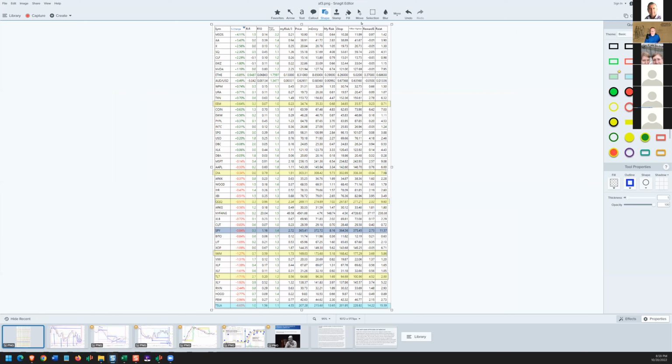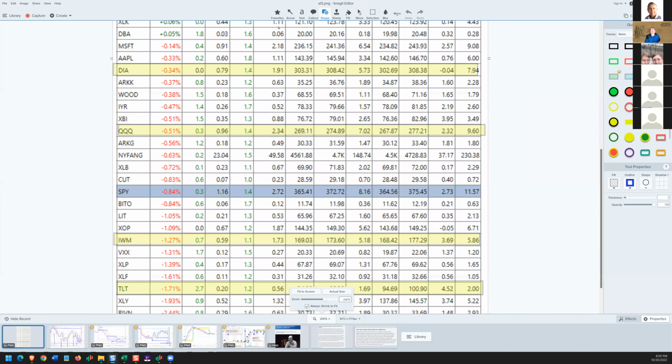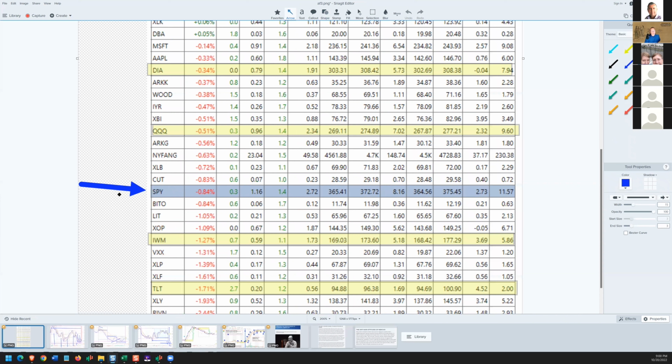All right, let's look at the sectors. Still not letting me draw. I don't know why. All right, so the S&P was at 0.84.